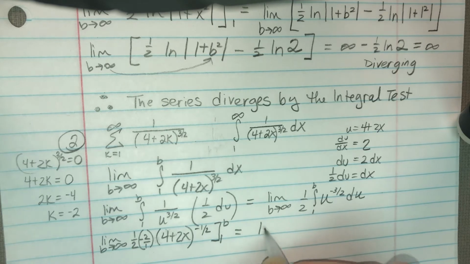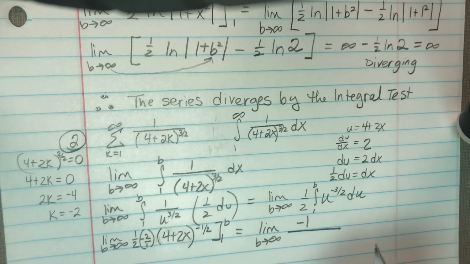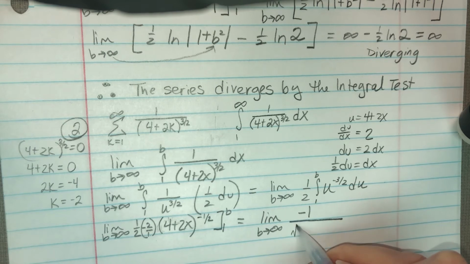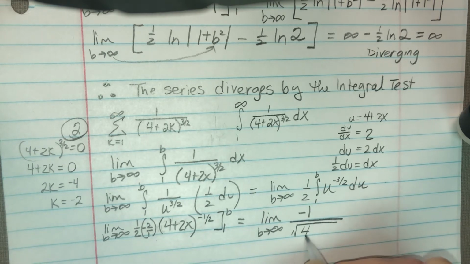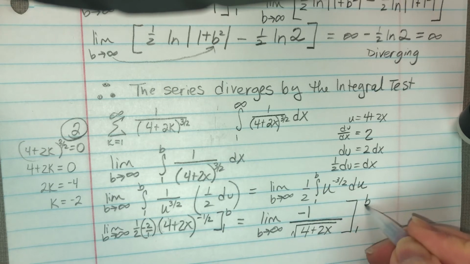So this is going to equal the limit as b approaches infinity. Let's see, 1/2 times -2 is -1, so I'm going to have -1. My negative power is going to kick that down to the denominator, and then it's going to be a positive 1/2 power, which is the same as a square root of 4 plus 2x, and this is evaluated from 1 to b.